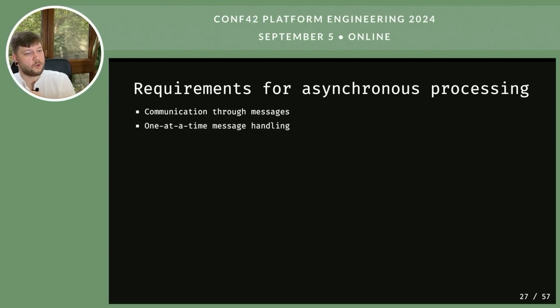Also, we need one-at-a-time message handling. That means that if we got a command for transfer A, only one command can be executed for this transfer. If we have a second, it should be queued somehow. Also, we need a durable message store.